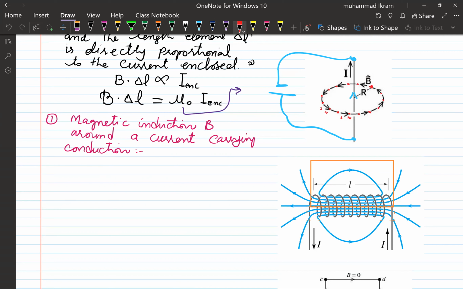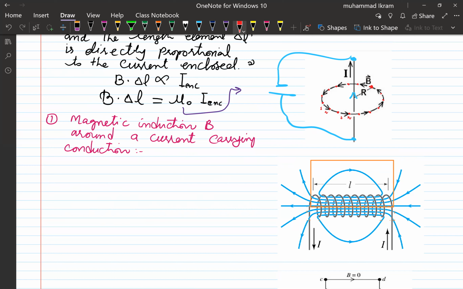Now, as I told you, every tiny point acts like a magnetic field. So to calculate this magnetic field around this, first we need to construct the Amperian loop.